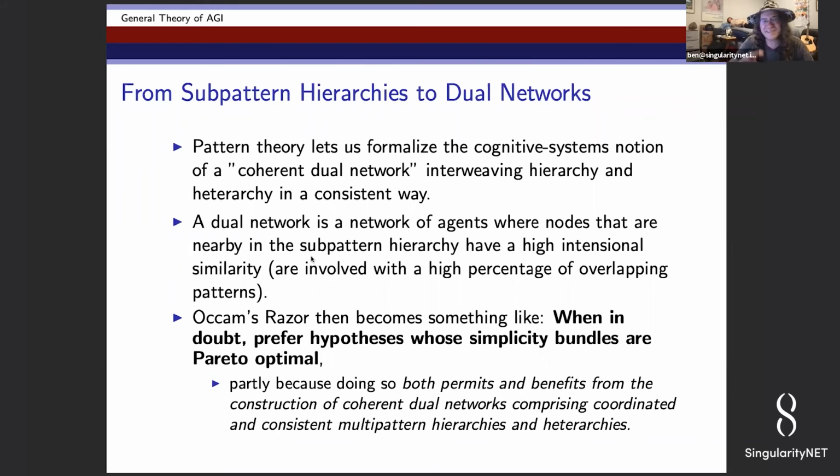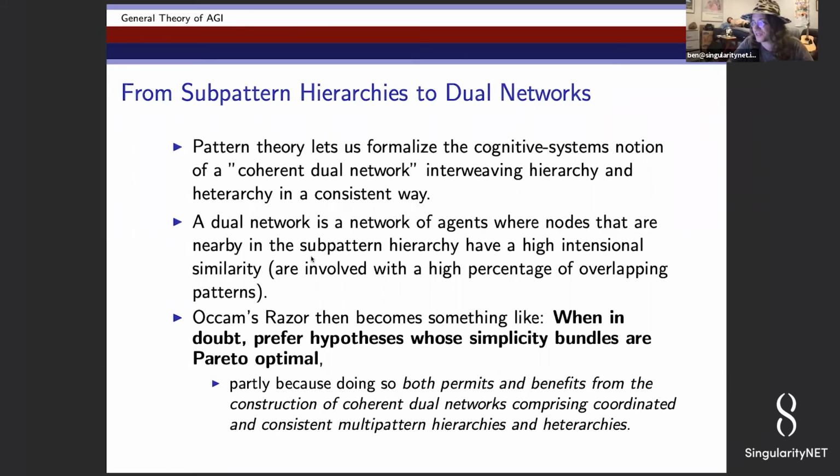And this has to do in subtle ways with Occam's razor, right? So Occam's razor traditionally is just: prefer the simplest hypothesis. And if you have multiple measures of simplicity, like you care about program length and runtime and energy usage or something, then you can say prefer hypotheses whose simplicity measurements, according to your multiple simplicity measures, are a Pareto optimum.